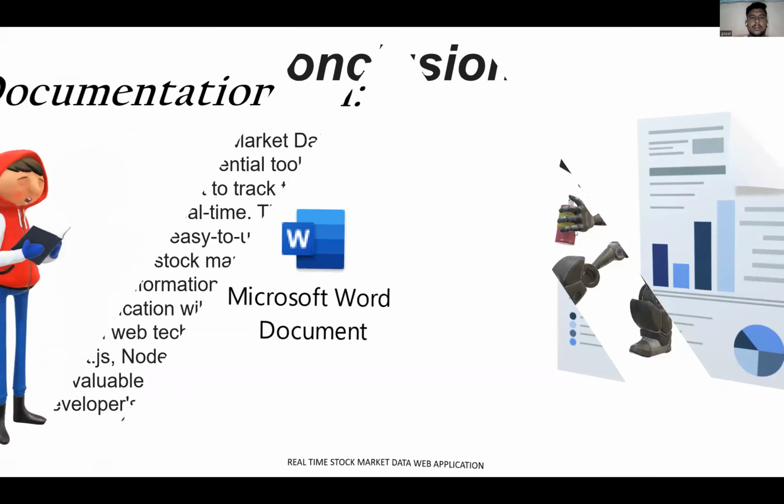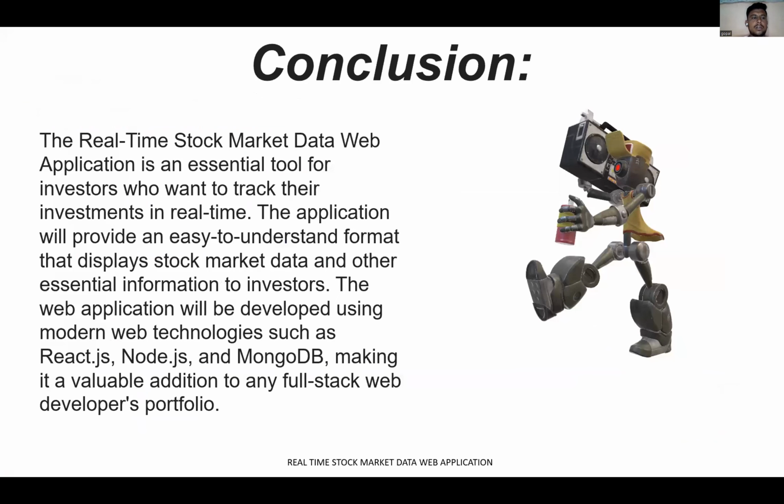So in conclusion, we say that the development and operation of a real-time stock market web app present a range of challenges. However, by addressing these challenges effectively, we can create a powerful platform that empowers investors with accurate, timely information and intuitive tools for making decisions.